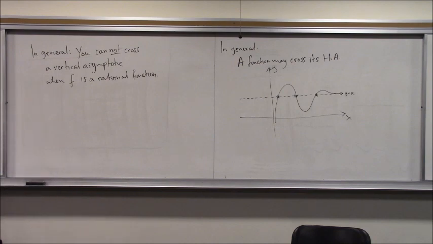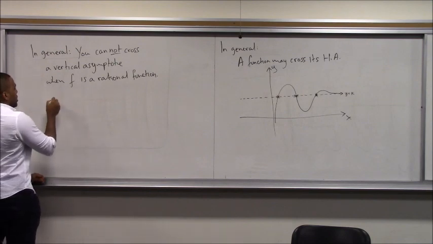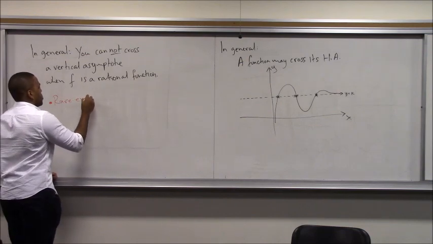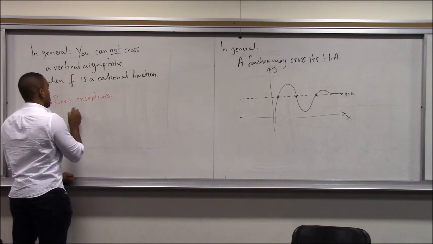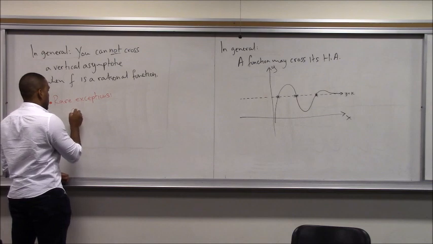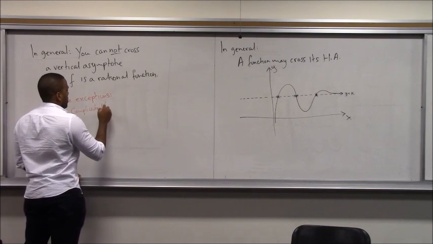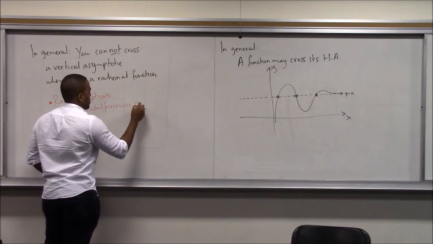You can probably have a strange case, which I don't think will show up, just in case, you never know. A rare exception to this rule is complicated piecewise functions.